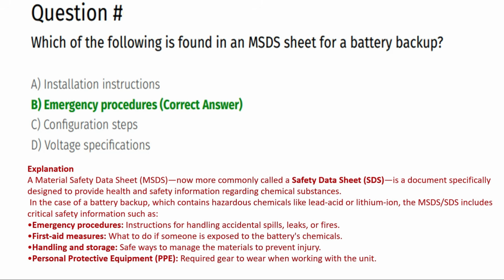In the case of a battery backup, which contains hazardous chemicals like lead acid or lithium ion, the MSDS/SDS includes critical safety information such as emergency procedures, instructions for handling accidental spills, leaks, or fires; first aid measures, what to do if someone is exposed to the battery's chemicals; handling and storage, safe ways to manage the materials to prevent injury; and personal protective equipment, PPE, required gear to wear when working with the unit.